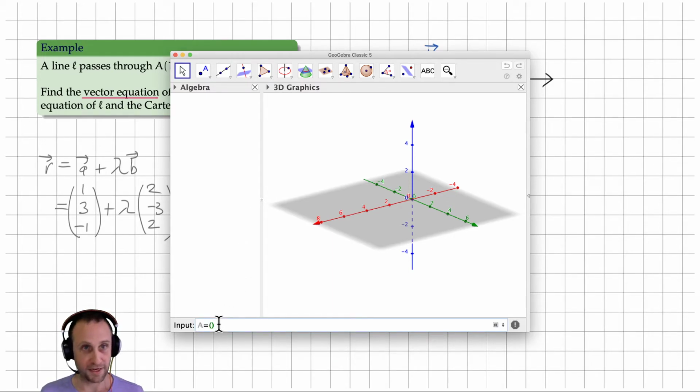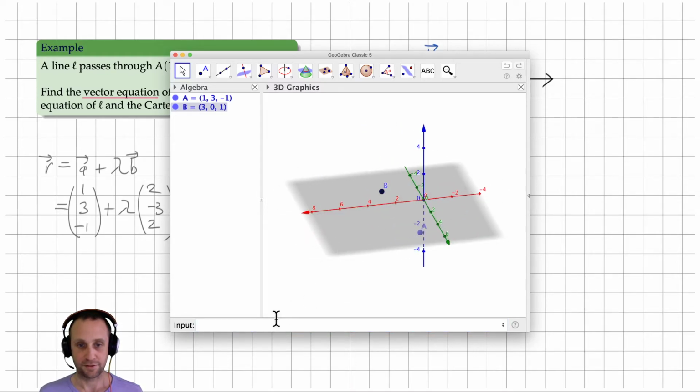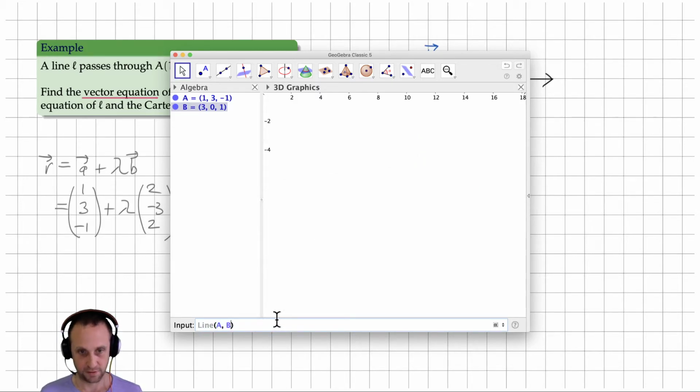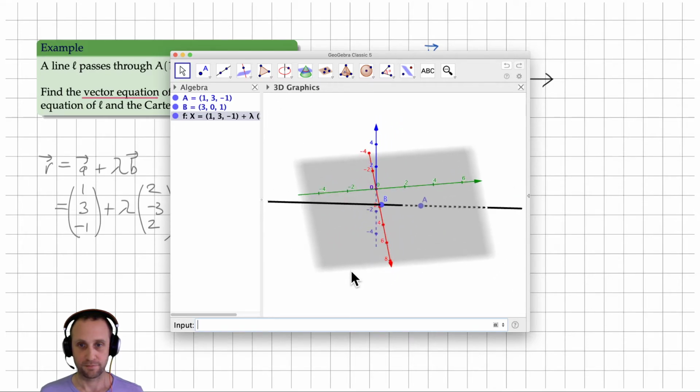So the point A is 1, 3, -1, I think it was. And the point B is 3, 0, 1. There are the 2 points. And to put the line between them, just use the line command, I think, like that. And there is our straight line.